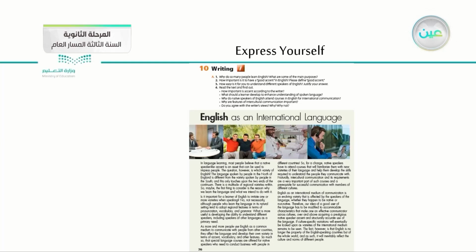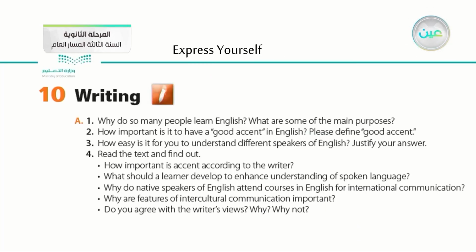We're going to read an essay together, but before we start reading the essay, let's take a look at the questions before it. We have 4 questions. Number 1, why do so many people learn English? What are some of the main purposes? Number 2, how important is it to have a good accent in English?